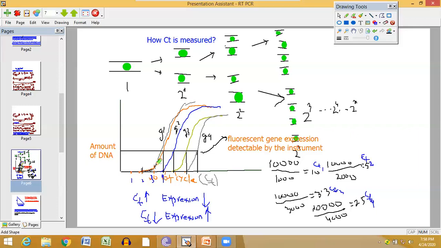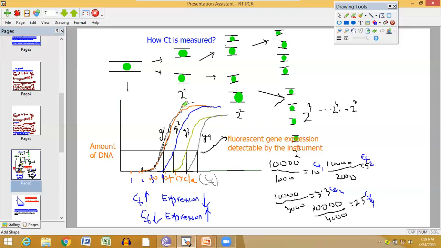That means every increment of PCR cycle gives you an exponential increase of the fluorescence signal to the machine. Here the machine starts getting a significant amount of signal from the PCR reaction mixture, in this portion of the cycle, the exponential phase.